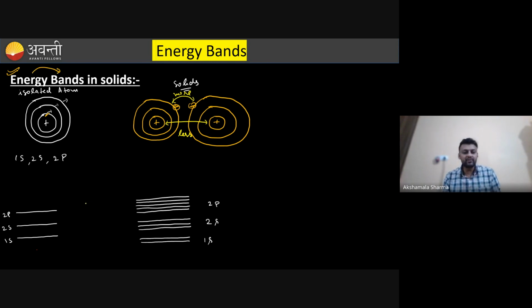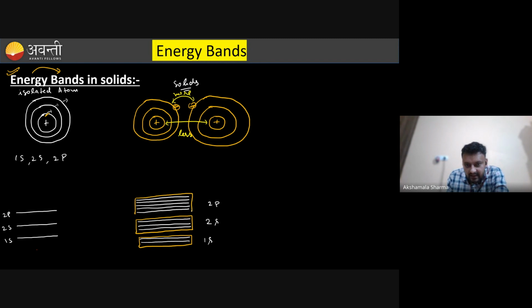What is the definition of energy bands? It is the collection of energy levels of a particular shell. You can see that this is a collection of energy levels of 1s. This is the collection of energy levels of 2s, and this is the collection of energy levels of 2p.